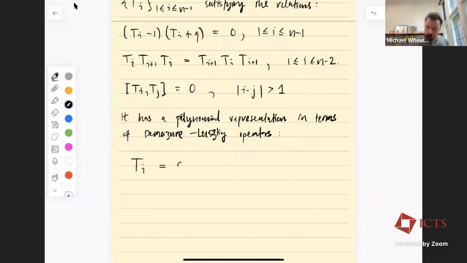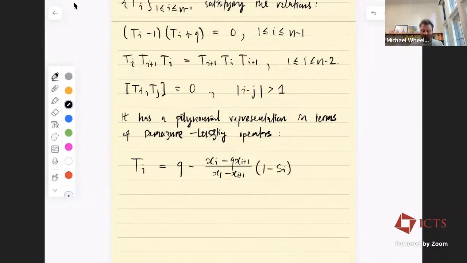So I'll take ti to be equal to q minus the ratio (xi minus q xi plus 1) over (xi minus xi plus 1), and that's multiplied by 1 minus si. So this thing has an action on functions in n variables.